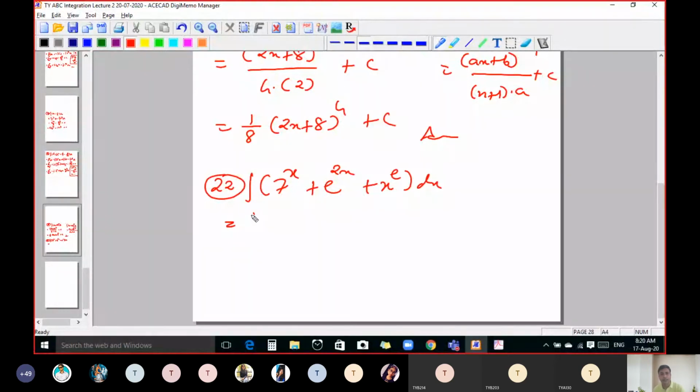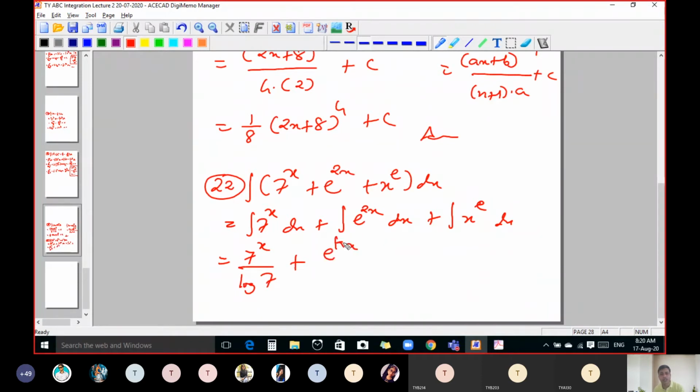So take separate integrations: 7 raised to x dx plus integration of e raised to 2x dx plus integration of x raised to e dx. Then use the formula for a raised to x. The answer is 7 raised to x upon log 7 base e plus, use the formula e raised to kx. The answer is e raised to kx upon k. So e raised to 2x upon 2 plus, use the rule for x raised to n.